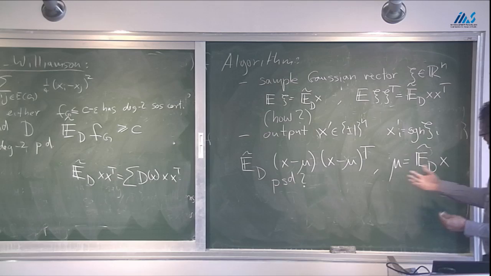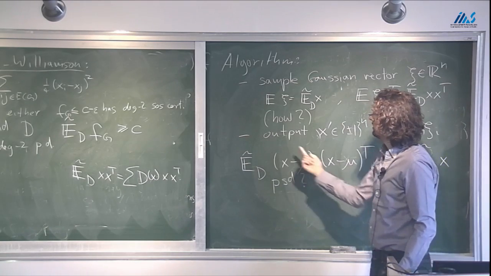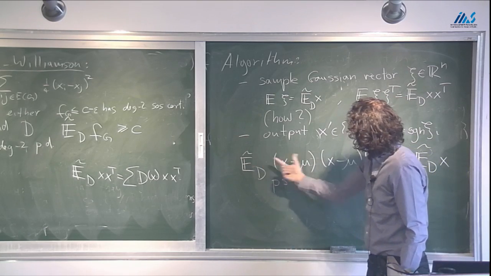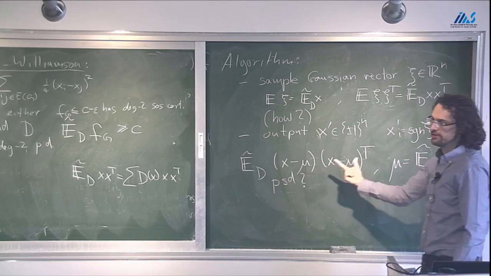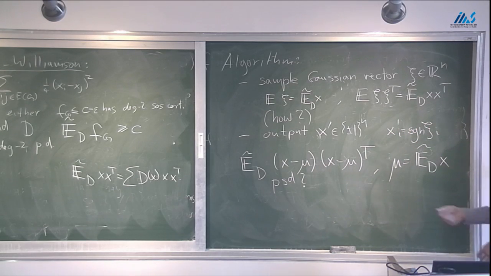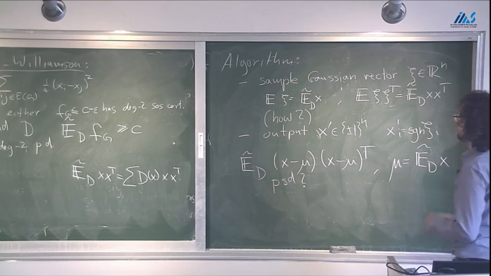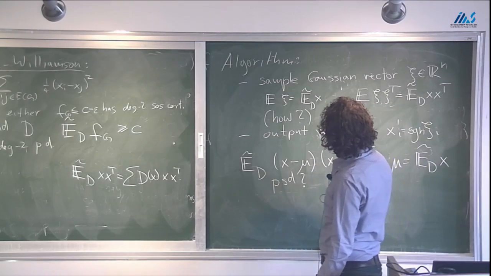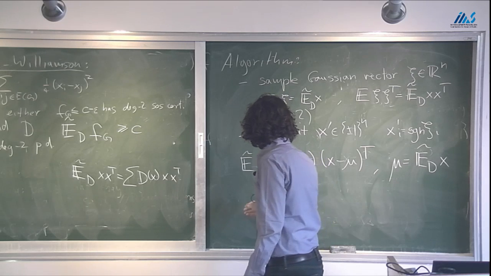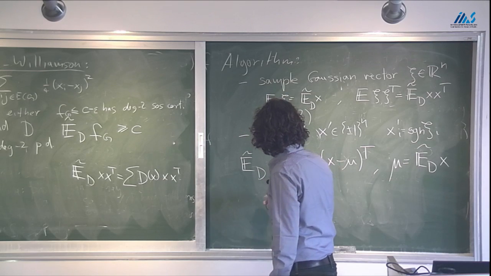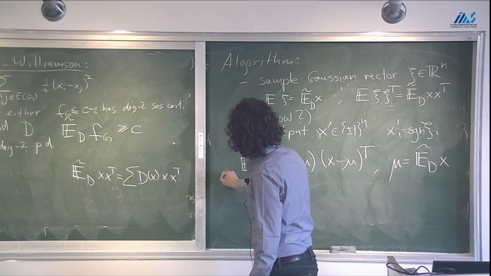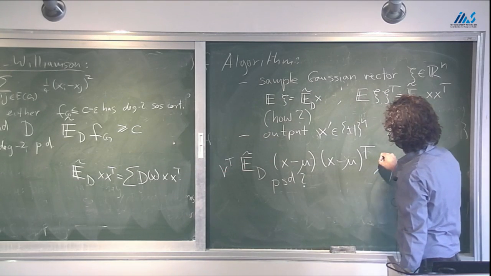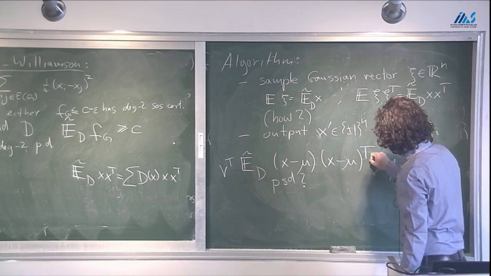Okay, and so first, why is this positive semidefinite if D were an actual distribution? Then this would just average these matrices, and each of these matrices is positive semidefinite. So for trivial reasons, it would be positive semidefinite. That's good. Now, why is it positive semidefinite in our case? Let's evaluate the quadratic form. We take some arbitrary vector v and multiply from the left with v transpose and from the right with v.